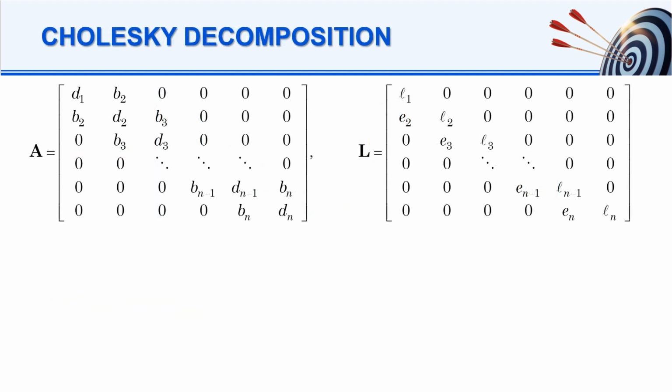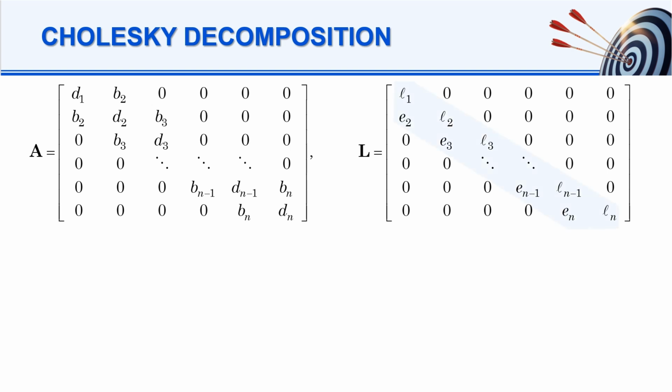The Cholesky decomposition is a tridiagonal matrix decomposition that factors a positive definite tridiagonal matrix into the product of a lower triangular matrix, having non-zero diagonal and subdiagonal elements, and its transpose.